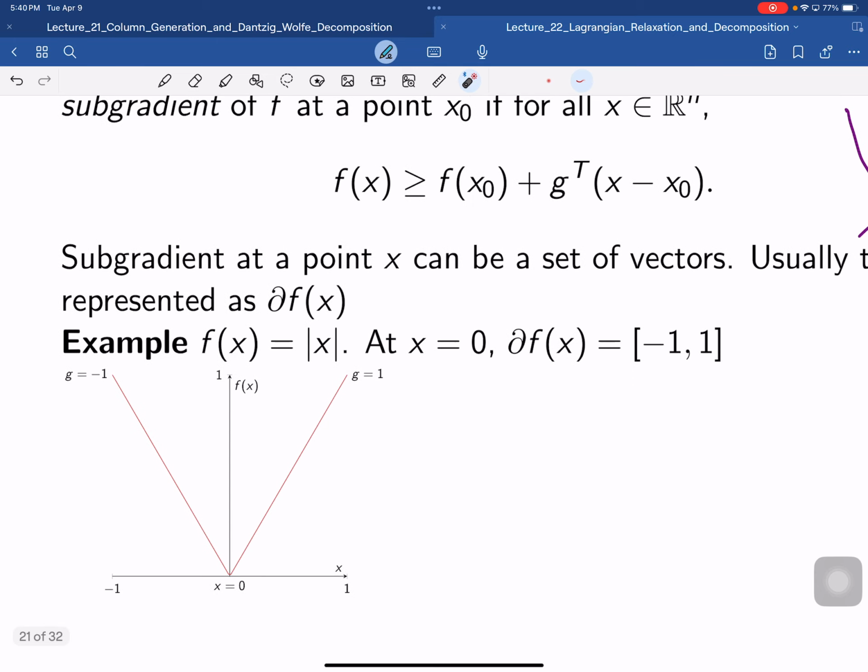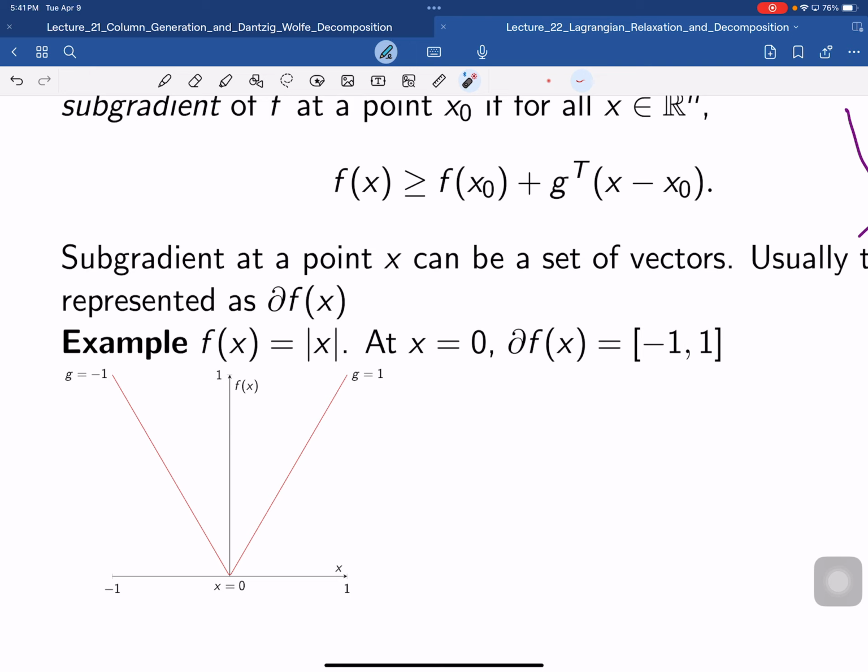but it's non-differentiable at x equals 0. So here the subgradient at x equals 0 is not a singleton. Basically all the values between -1 and 1 are subgradients at x equals 0. Why?